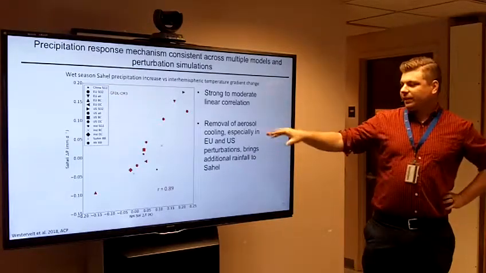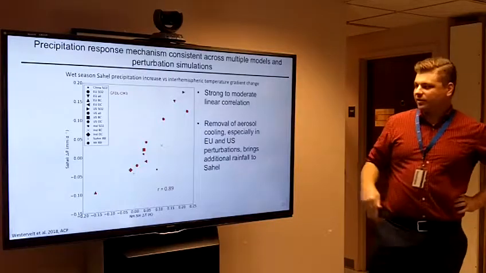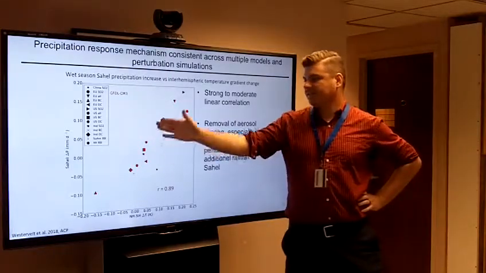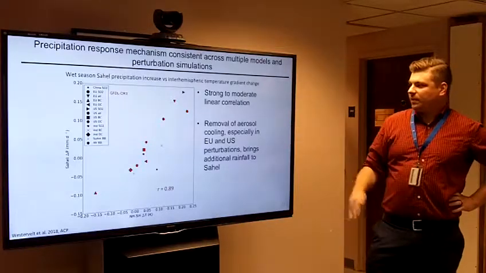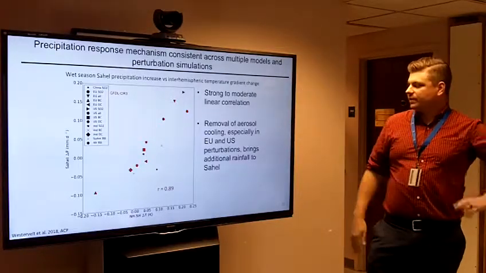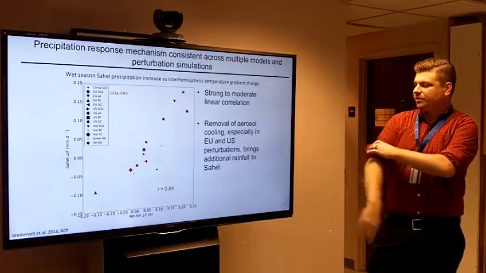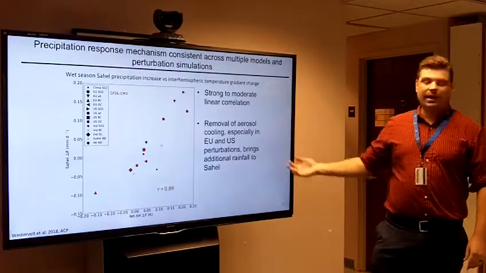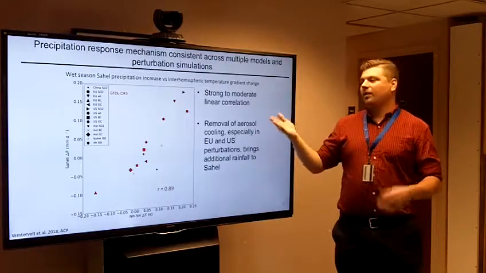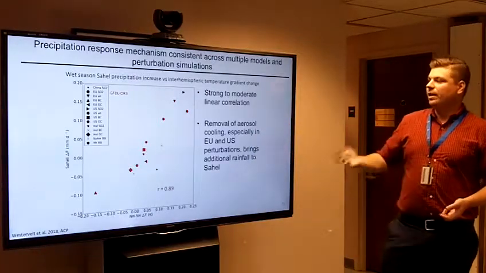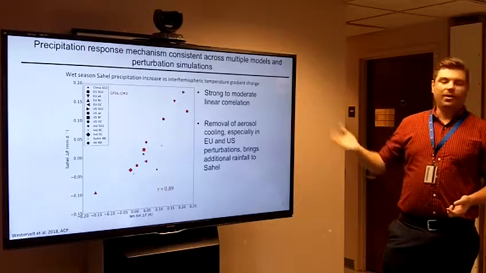And I plotted all of those delta temperatures versus this delta Sahel precipitation. This is just for the GFDL model right now, but you can see you have this pretty nice linear relationship, this linear correlation, where when you have a higher interhemispheric temperature gradient, you have a higher increase or higher change. It can be a decrease as well in the Sahel precipitation.